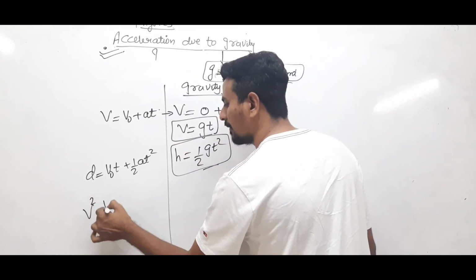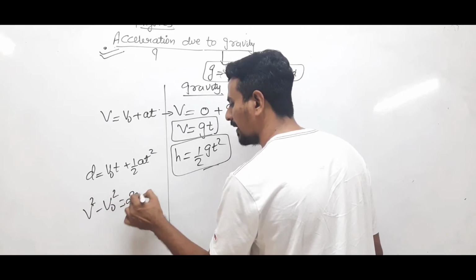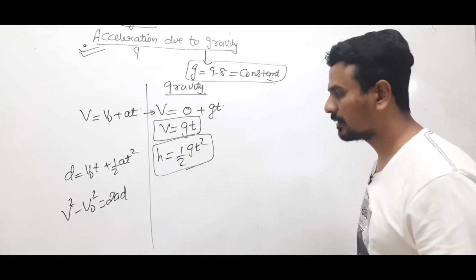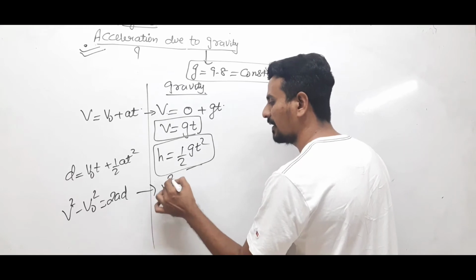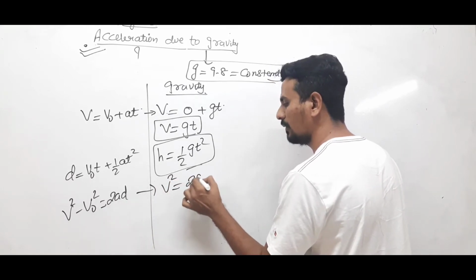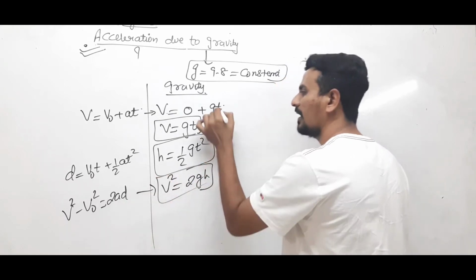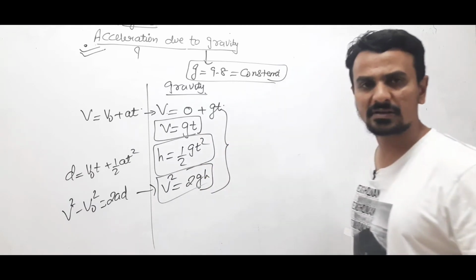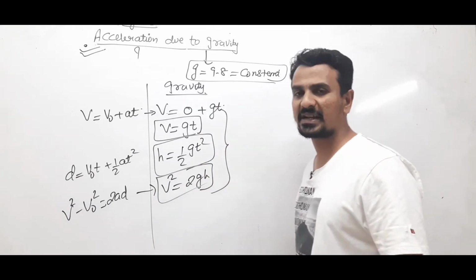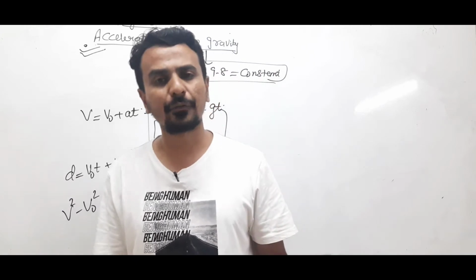The third one was v square minus v0 square equals 2ad. The same can be written here: v square, initial is 0, equals 2gh. So these are the three equations to be used when an object is performing motion under the influence of gravity.